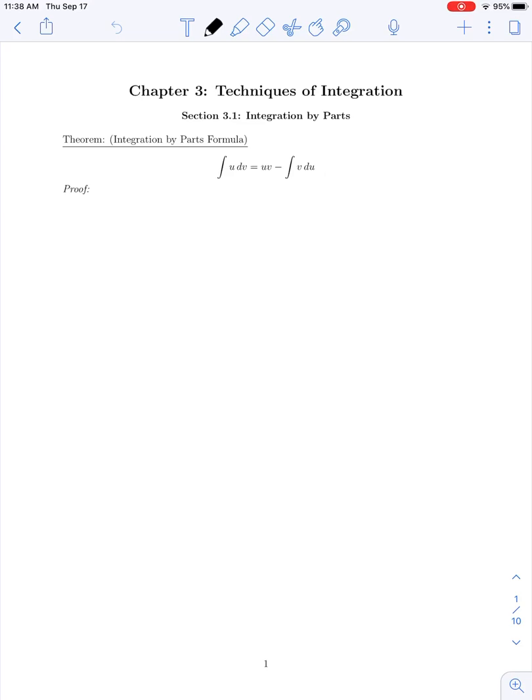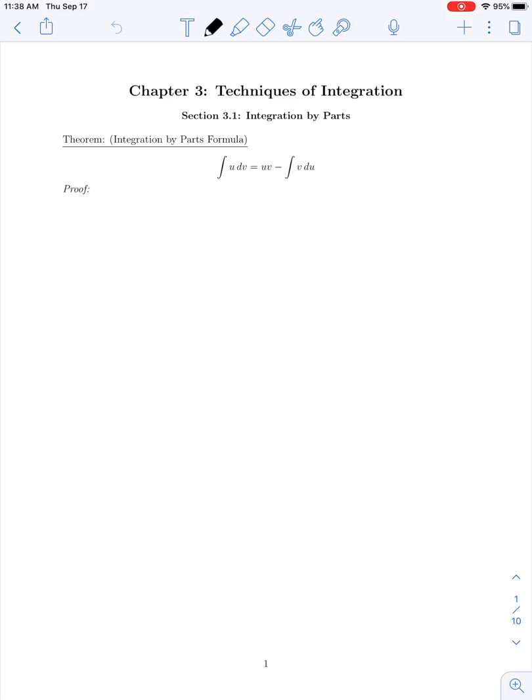That's something I'm going to try to stress as we move through Chapter 3: before we introduce each technique, how do you know that you would use it for a particular integral? We've already talked about one technique in Chapter 1, integration by substitution, which we use if we're trying to integrate a composite function which can't really be simplified.